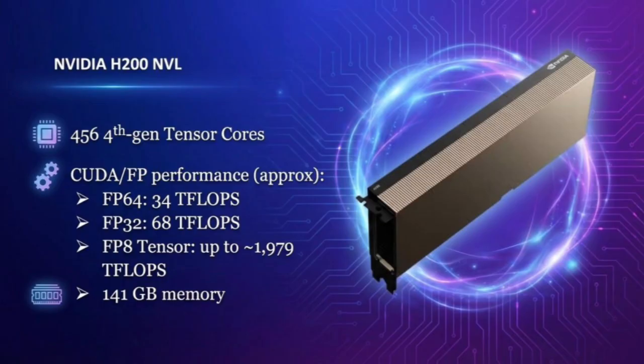It's just large because of the exponential growth in numbers. So here's NVIDIA's top of the line card. It's called the NVIDIA H200 NVL. It supports 456 tensor cores. Tensor core is where matrix multiplication takes place.